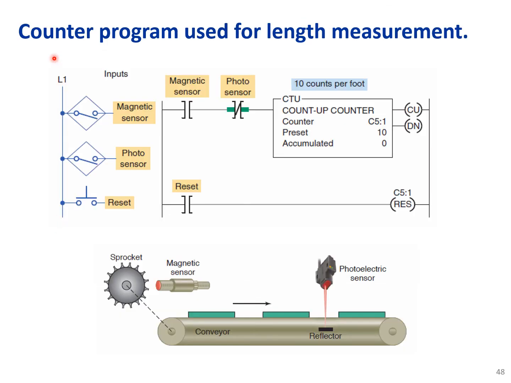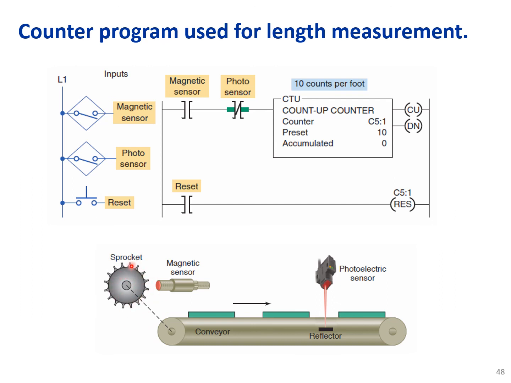Counter program used for length measurement. Here we have our conveyor, and there is a sprocket here to drive the conveyor forward. There is a magnetic sensor here that is triggered by the tips of the teeth of the sprocket.